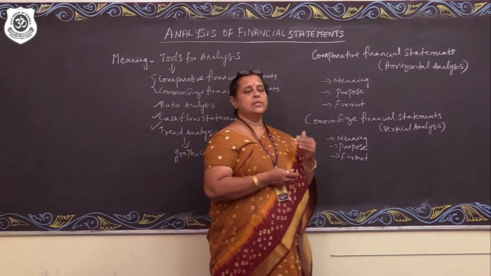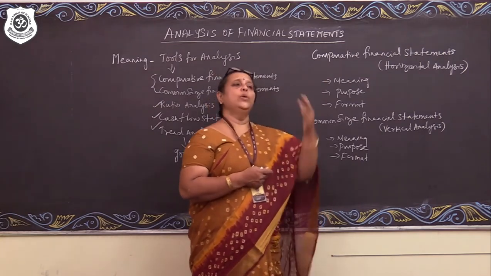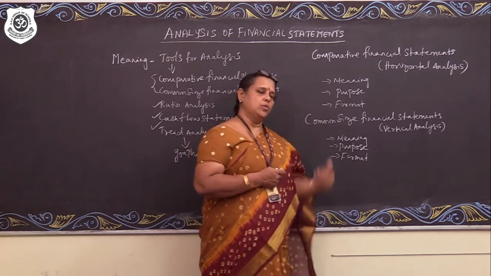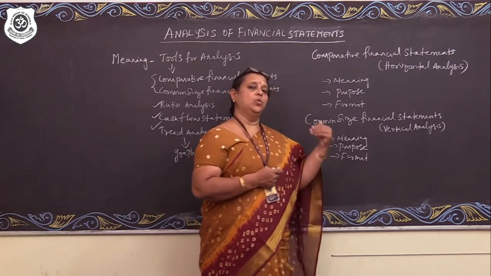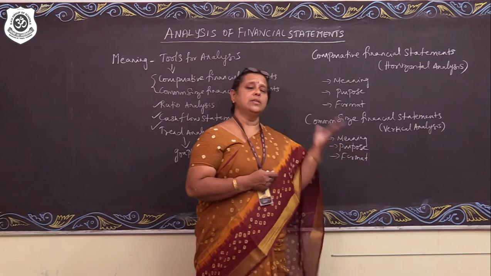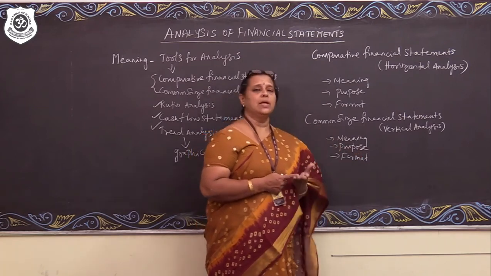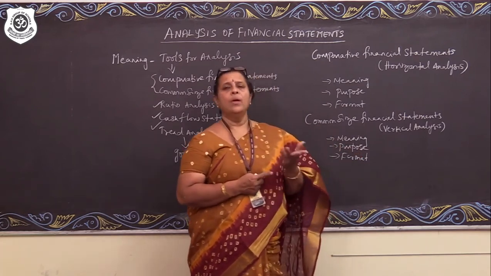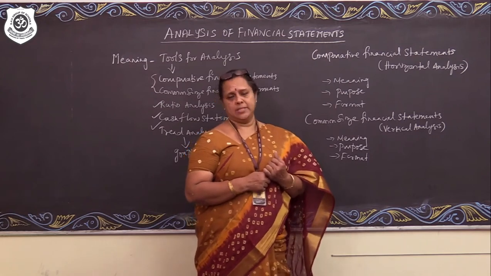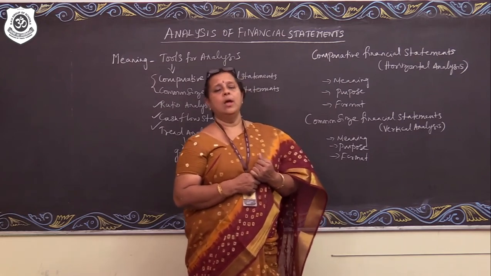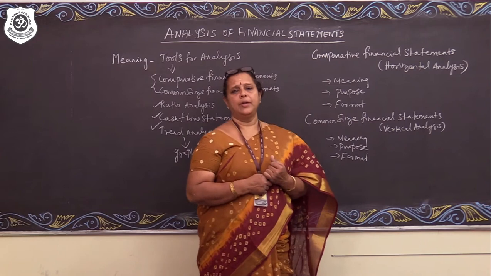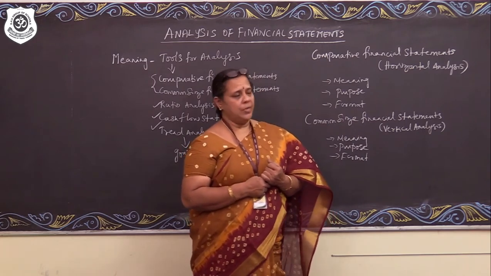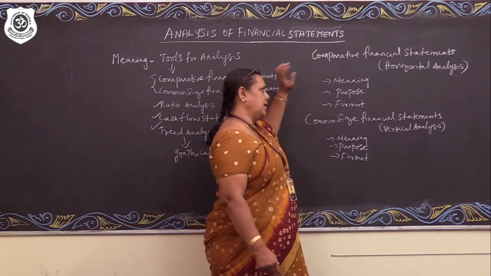Similarly, comparing the results of 2021 with 2020, 2019, 2018, 2017, a 5 years analysis can be done, a 10 years analysis can be done. Population studies, statistics about population, all come under this comparative analysis only. So, they are called horizontal analysis.